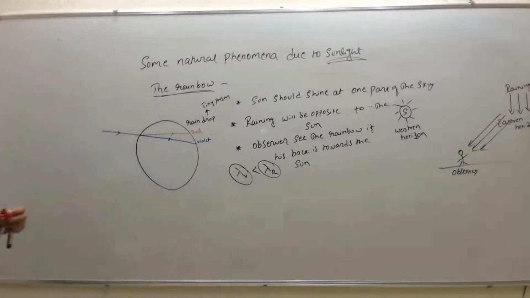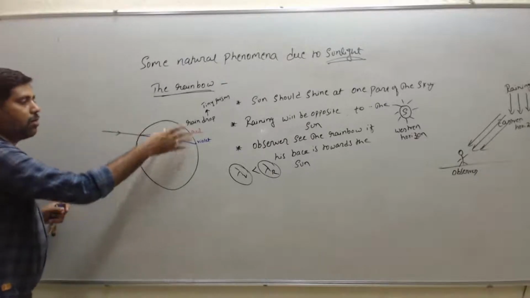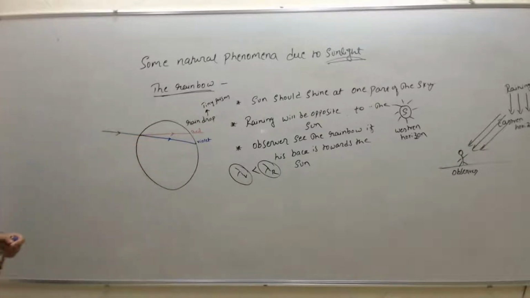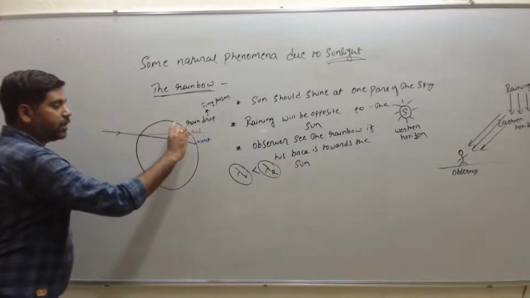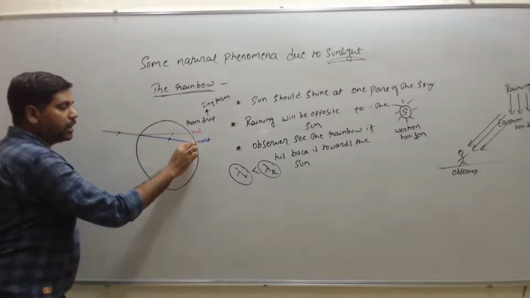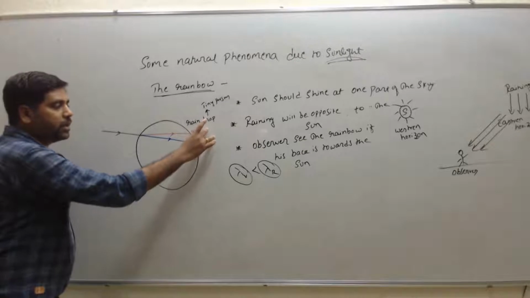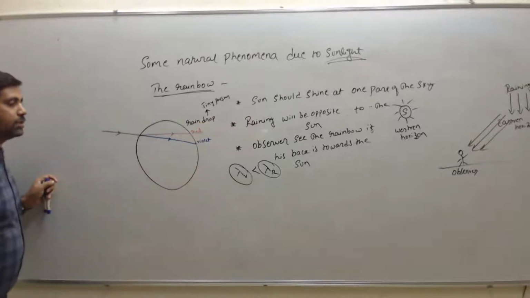So in the first step, as sunlight enters the water drop at this surface, dispersion and refraction take place. Dispersion means splitting of light. In between red and violet, we have 5 more colors. Here we are considering only the 2 colors for explanation.